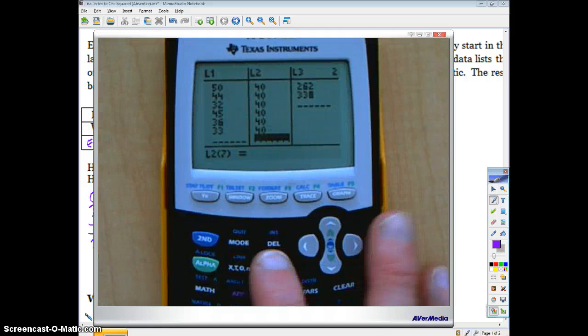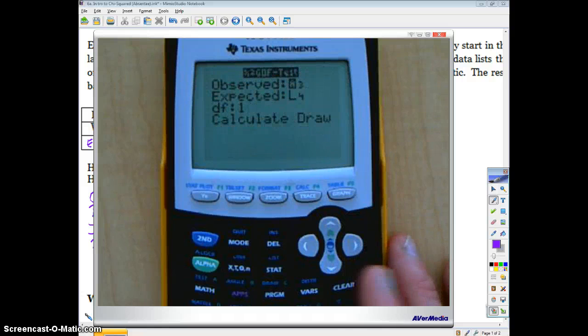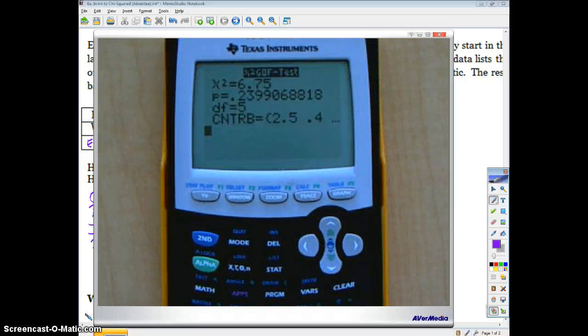Now again, stat, test, chi-squared goodness of fit test. I am now back to L1, L2. Now there were 6 lanes, minus 1, so degrees of freedom are in fact 5. So my p-value is 0.24.